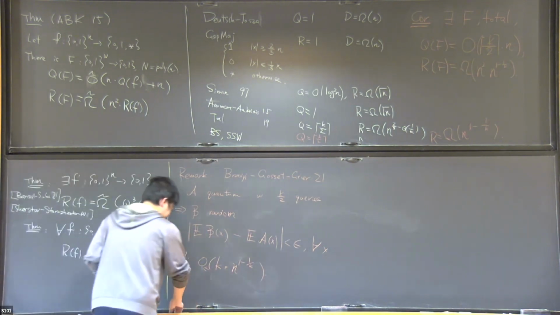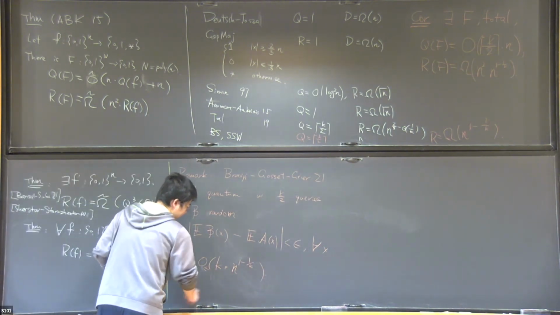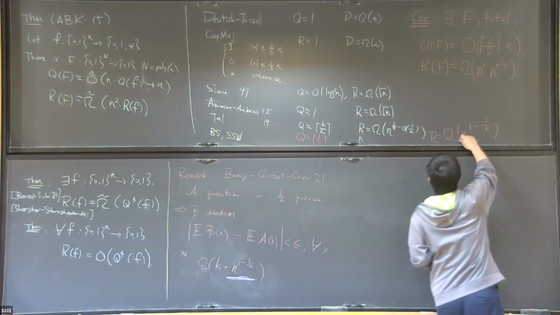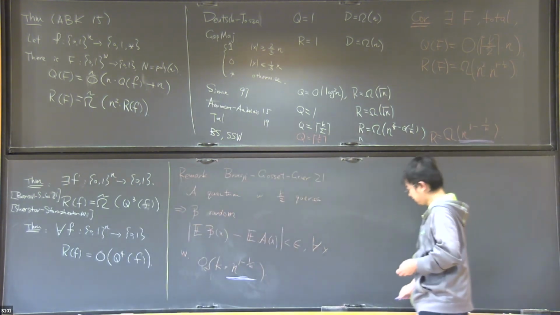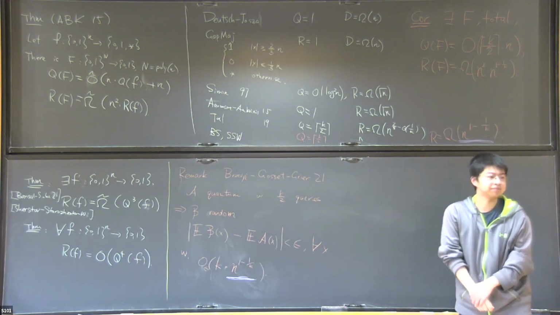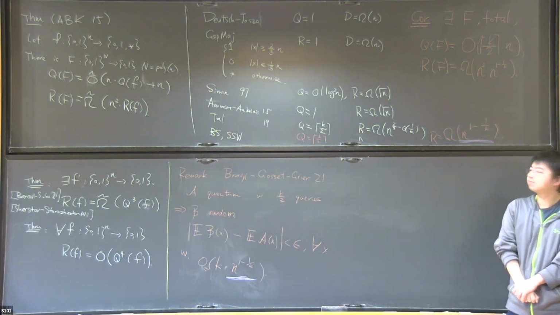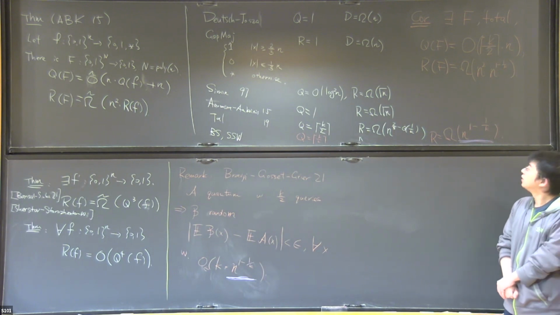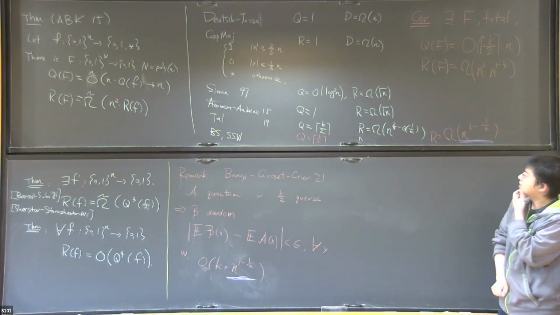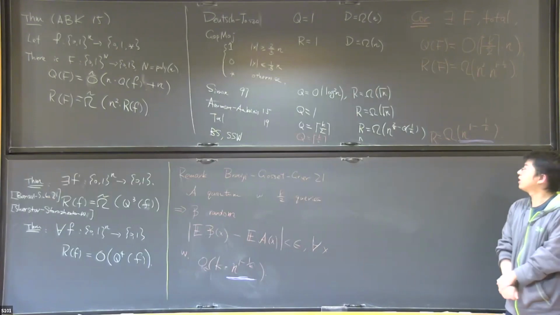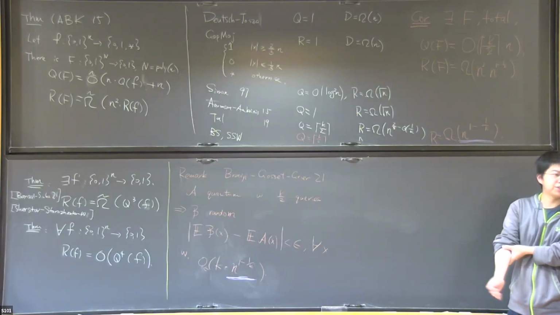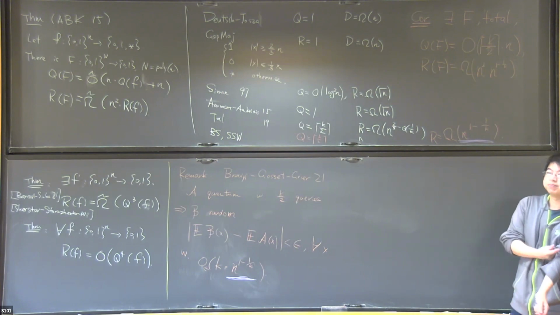So these two bounds match. It's kind of impressive that we not only have a very large separation, but we actually know what is the largest possible separation for partial functions.